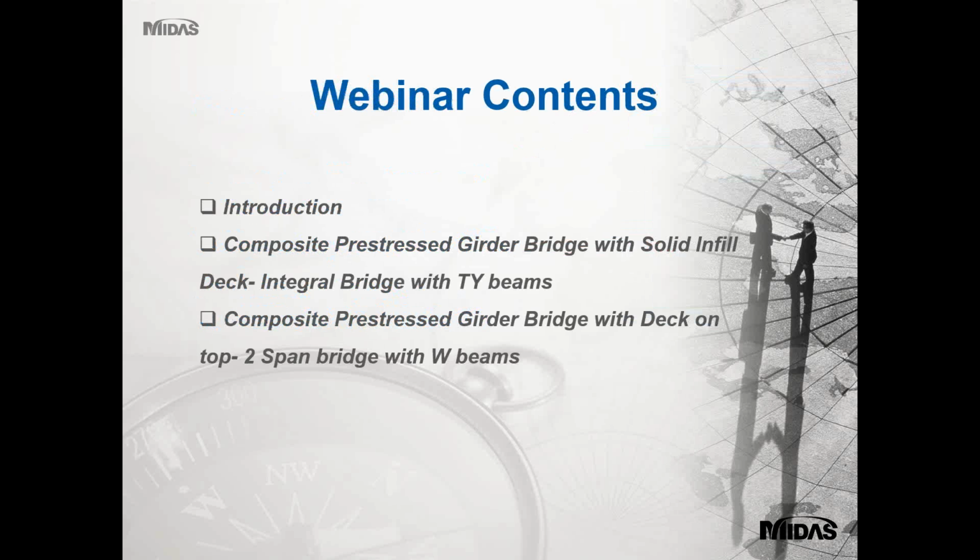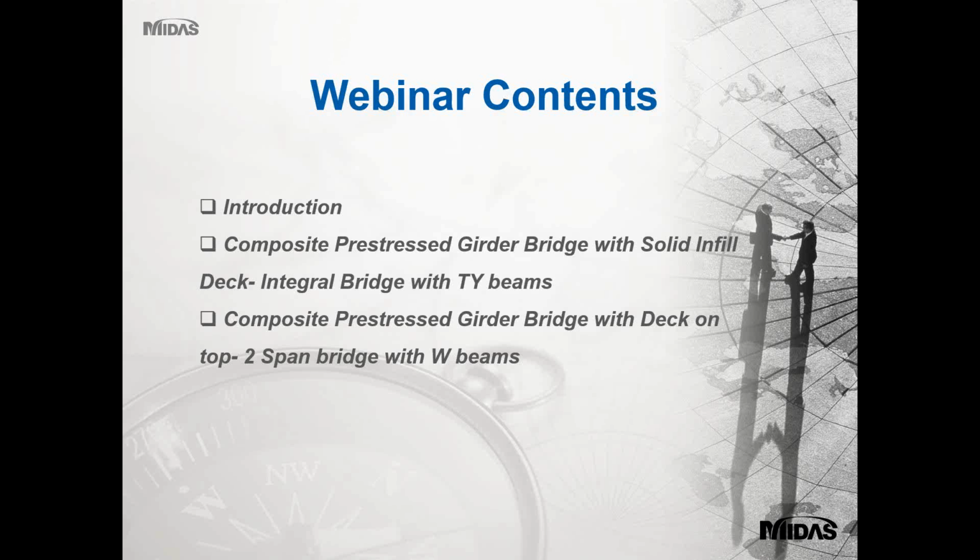Okay, so quickly going through the contents today. We'll be looking at two types of pre-stressed girder bridges. One of them is a solid infill deck type with TY beams. The in situ concrete will be poured into the gaps between the TY beams.